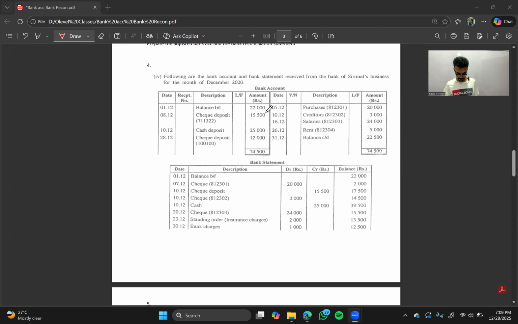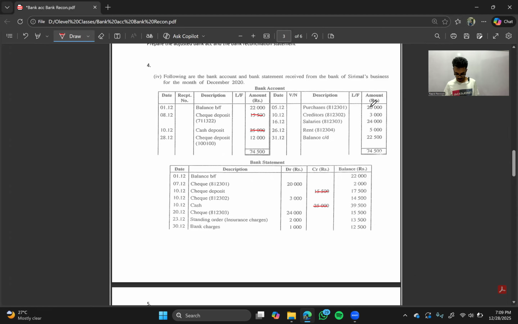Now we'll cross check this. There's a check deposit of 15,500, and then there's a check deposit of 25,000. Then 12,000 again.